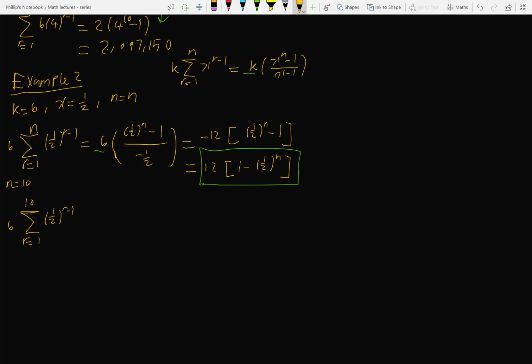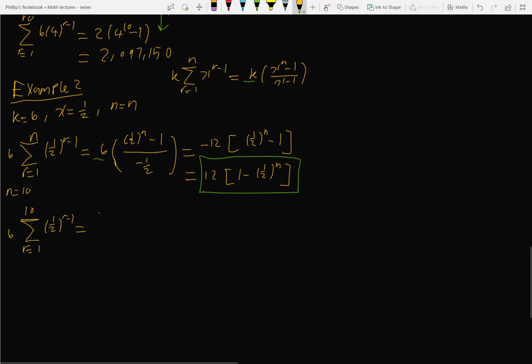Let's try with 10 again, so n equals 10. We've already got the general solution for it, so we're going to get 12 times by 1 minus a half to the 10, right?